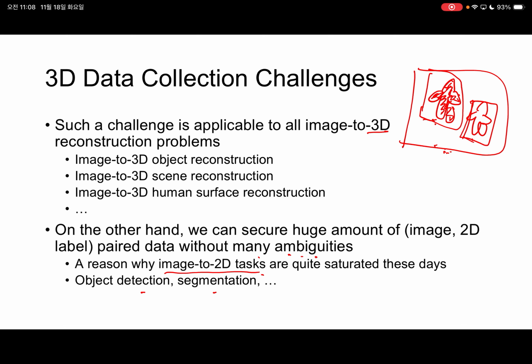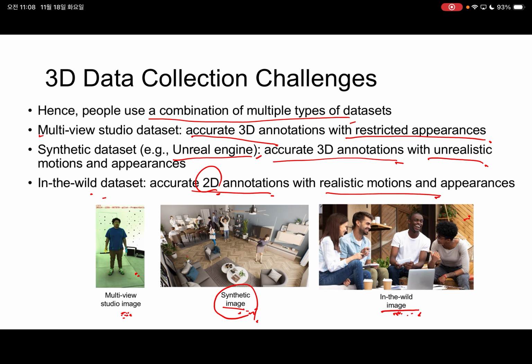But for 3D, data collection is still hard. In theory, multi-view geometry tells us that we cannot get 3D data from in-the-wild environments, so it is not trivial to secure good quality data sets. Of course, as I said, these days synthetic images become very good because of the advancement of physics engines.